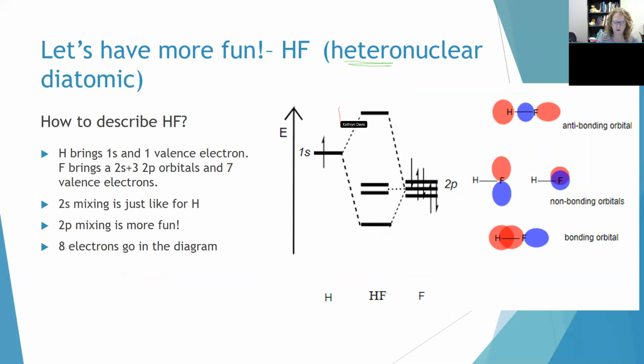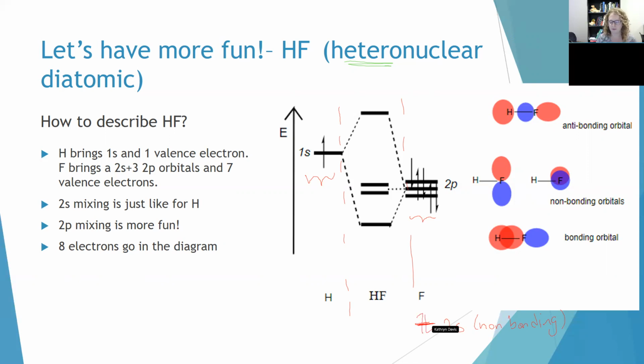And so you can see in our diagram here, the H has its 1s electron, and the F has 2p electrons. Where's 2s? Well, it's way the heck down here. It's so far out of the way that it doesn't have anything to do with the hydrogens, right? We call this non-bonding. It has nothing to do with anything else, and so it lives way down here.